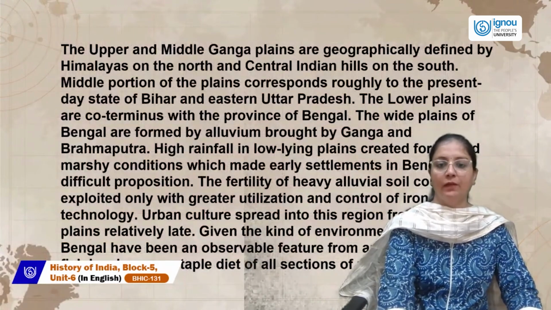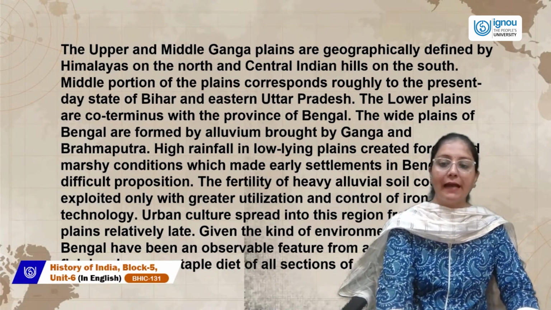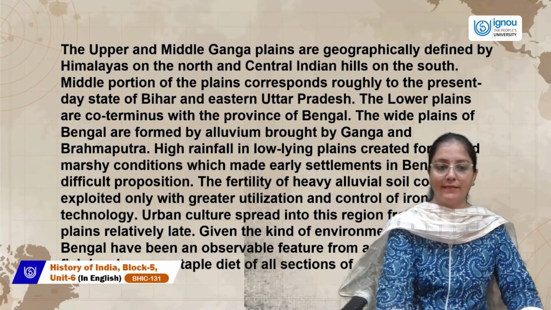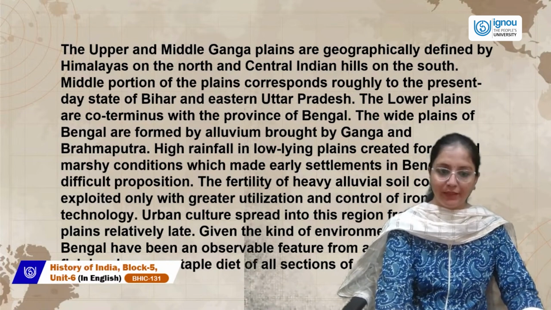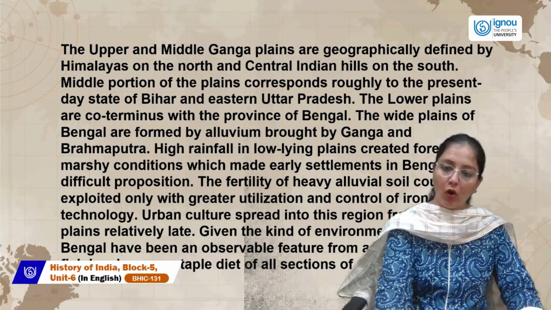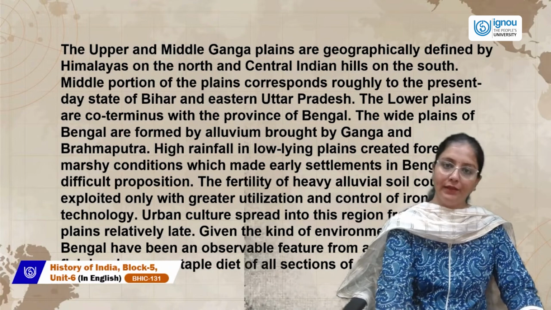Urban culture spread into this region from the middle plains relatively late. Given the kind of environment, ponds in Bengal have been an observable feature from ancient times, and fish has become a staple diet of all sections of people in the upper and middle Ganga plains.